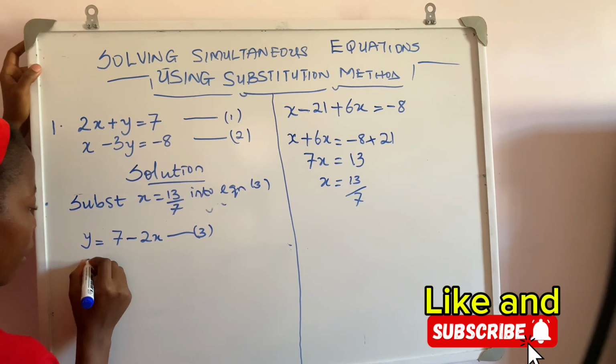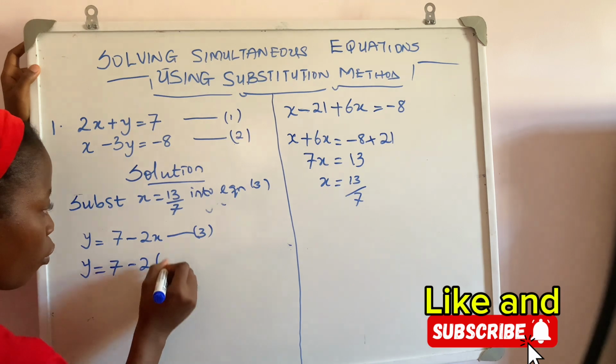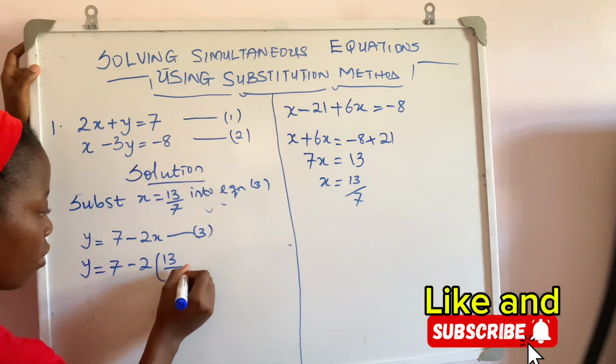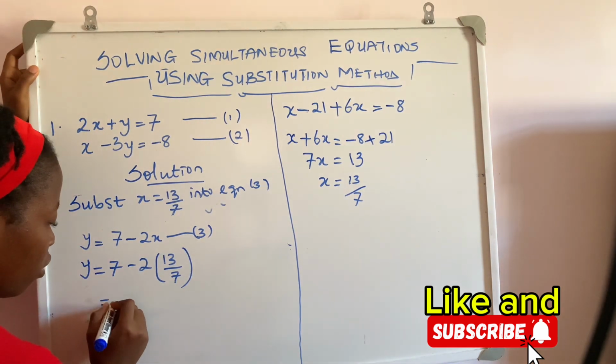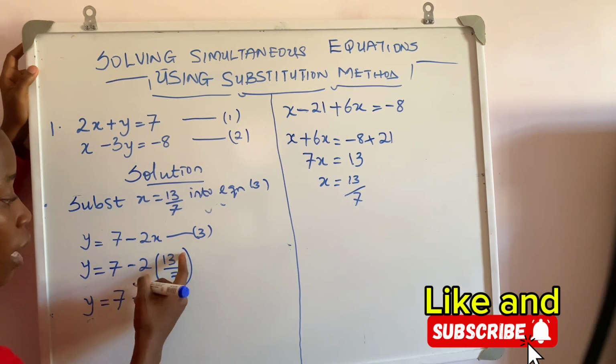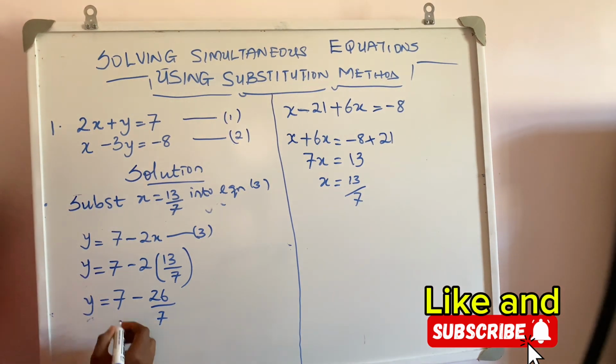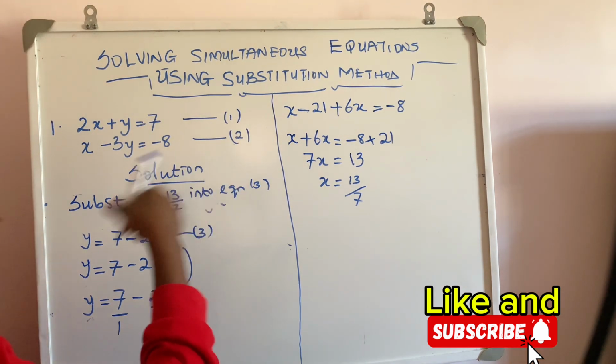So that means your y is equal to 7 minus 2, open bracket, 13 over 7. Which is equal to 7 minus 2 times 13, which is 26, over 7.